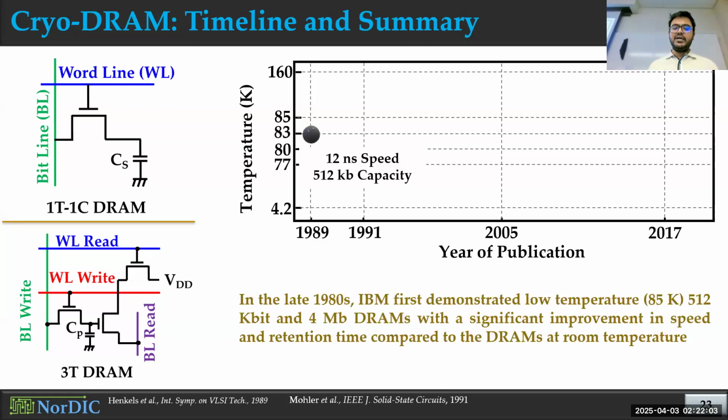As I mentioned, IBM first characterized their DRAM chips at cryogenic environment in the 1980s. They did it again in the 77 Kelvin range. More specifically, they went to 80 Kelvin and 85 Kelvin with their DRAM chips, and they observed that their speed improves compared to room temperature.